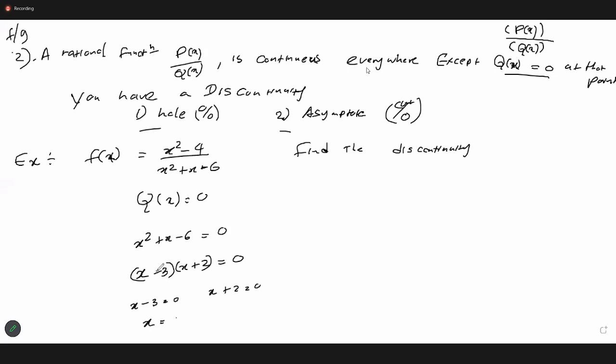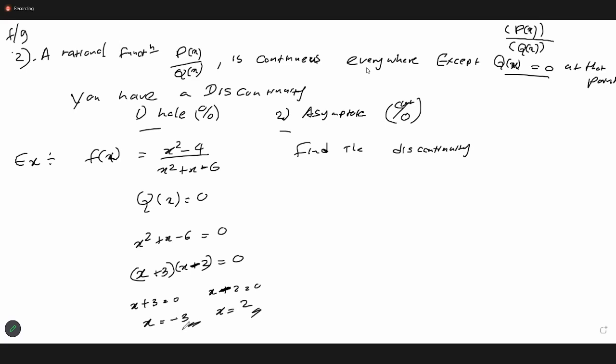This one is x plus, this one is minus, right? x plus 3, minus 3. Then x equals minus 3, and x equals 2. Right, these are the points. Minus 3 and plus 2.